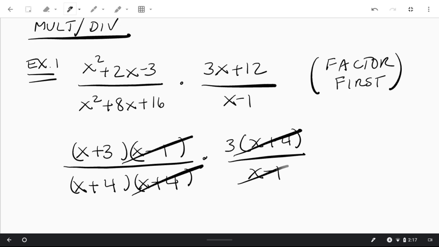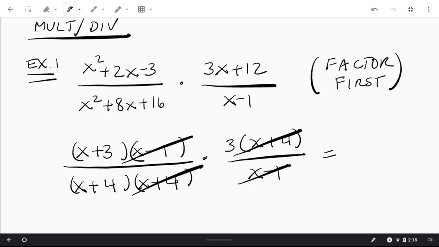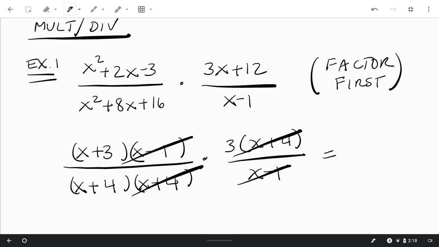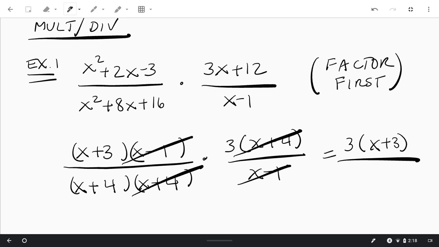Okay, and we see there's nothing left to factor or cancel. So my final answer is in the numerator, we will have 3 times x plus 3. And in the denominator, we will have x plus 4. And this here would be our final answer.